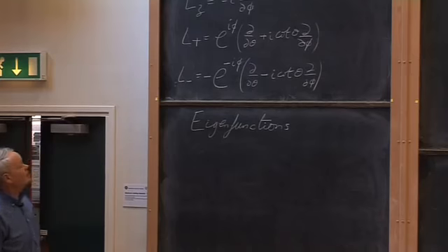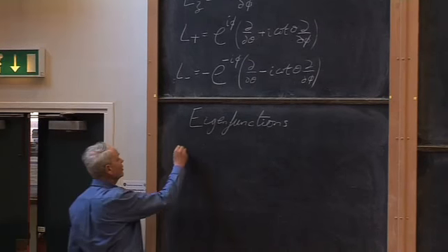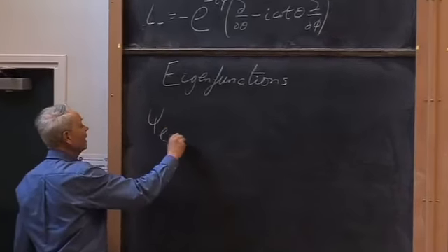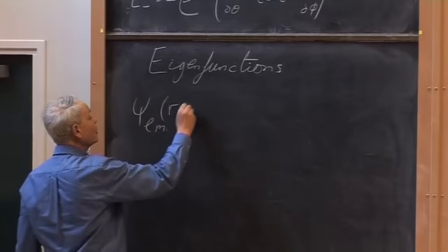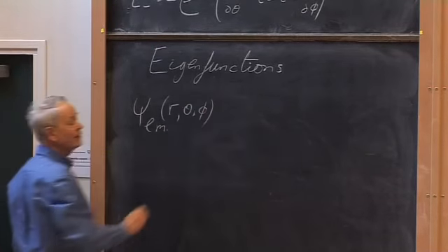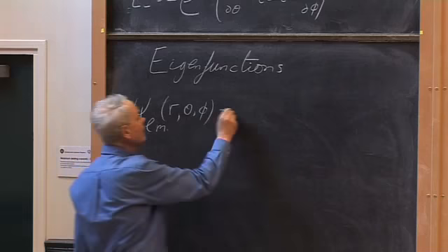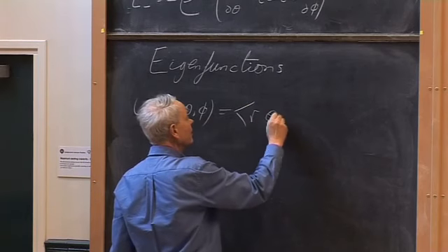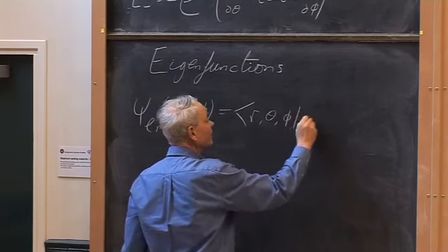Okay, so we're now in a position to find these wave functions. Let's call it psi Lm. This will be some function of r, theta, and phi, because we're looking at this in spherical polar coordinates. So this, of course, is r, theta, and phi Lm.